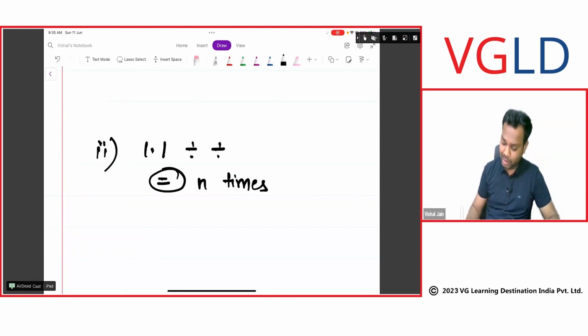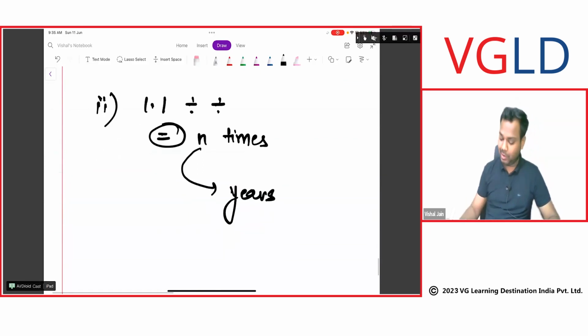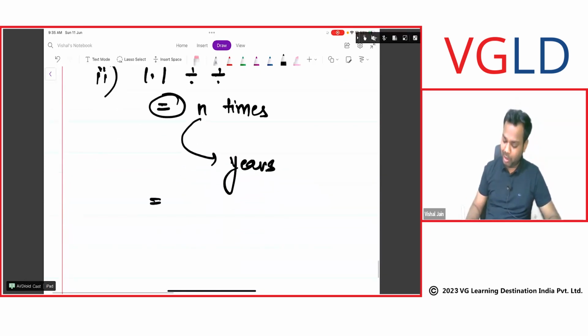What is the meaning of n? N is years, for how many years you want to discount. 5 years, so press it 2, 3, 4, 5, right? So what is the value? 0.6209, right?